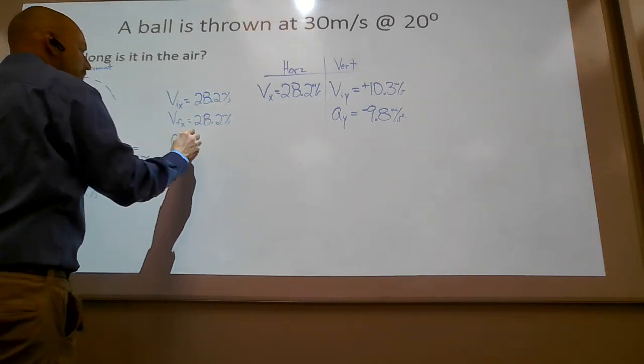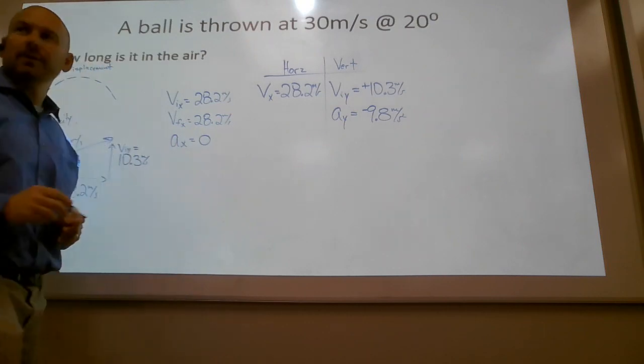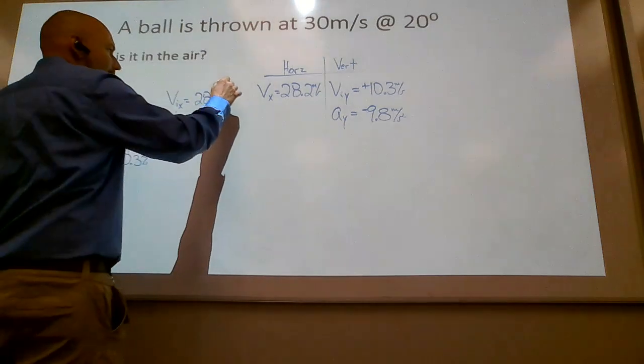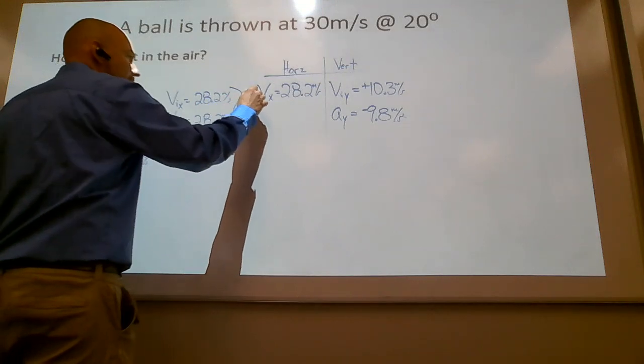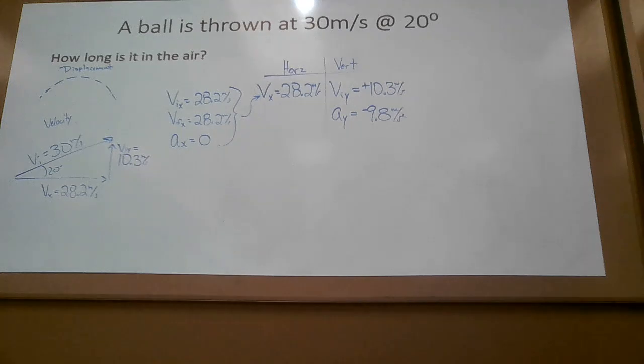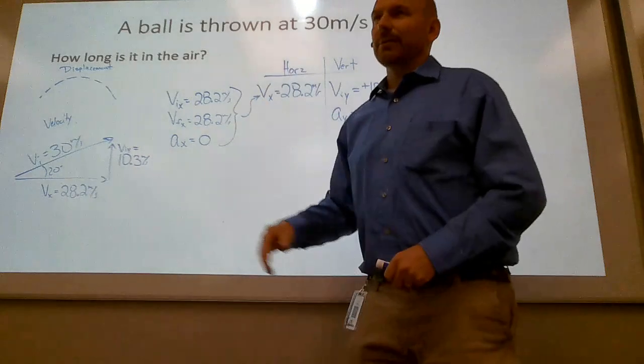Your acceleration in your horizontal direction is equal to 0. I kind of capture all that with this, the idea that it's a constant 28.2 meters a second in the horizontal direction. But if you like this, that's totally fine.